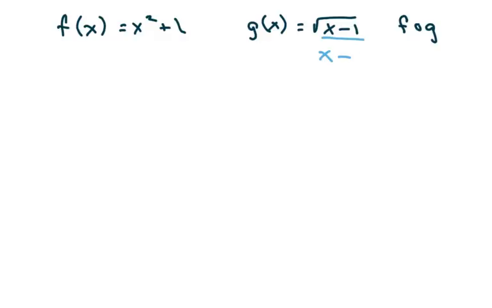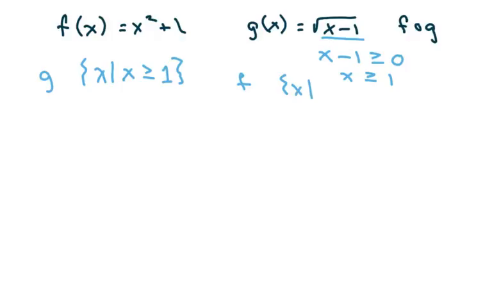So you set this to be greater than or equal to 0. So x must be greater than or equal to 1. The domain of g is all real numbers, but x has to be greater than or equal to 1. And of course, for f, the domain is all real numbers.